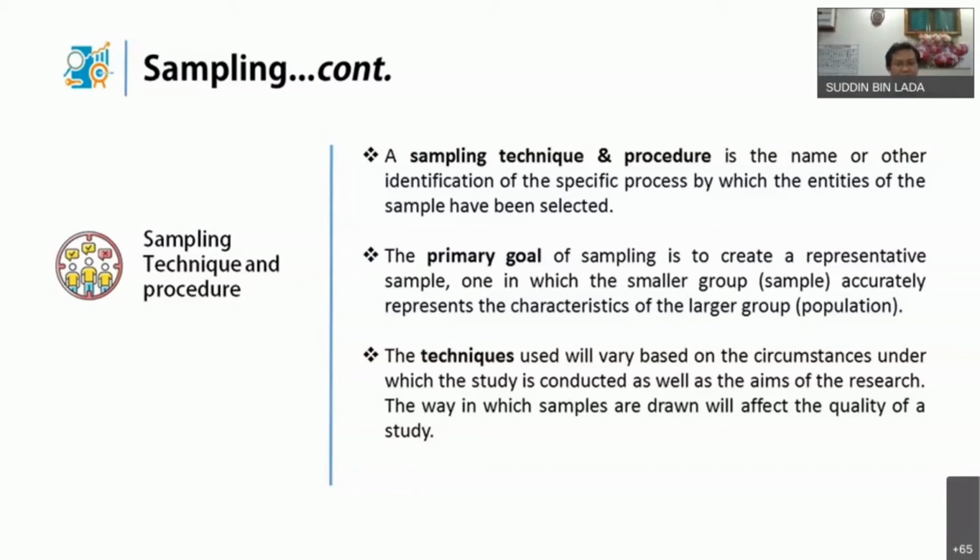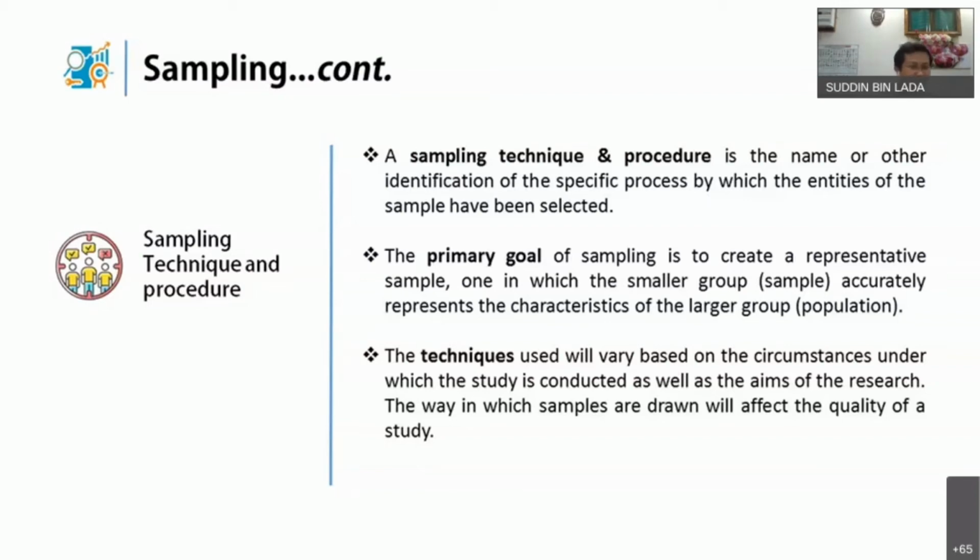Before that, the definition is the name or other identification of the specific process by which the entities of the sample have been selected. The primary goal is to create a representative sample, one in which the smaller group accurately represents the characteristics of the larger group. Then again, the technique used will vary based on the circumstances under which the study is conducted, as well as the aim of the research.